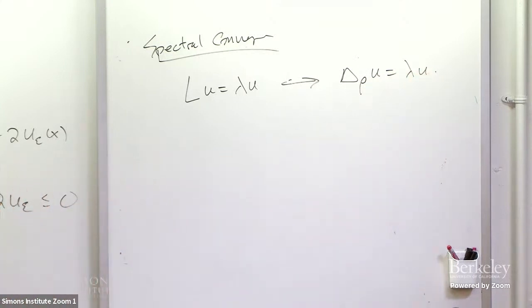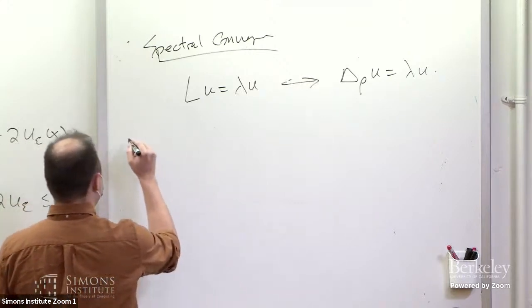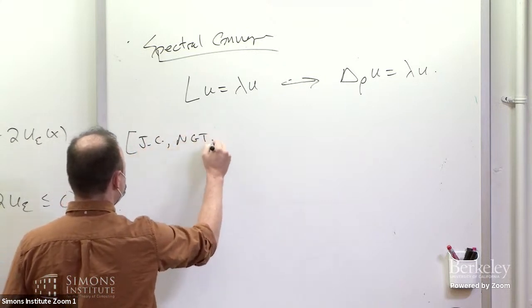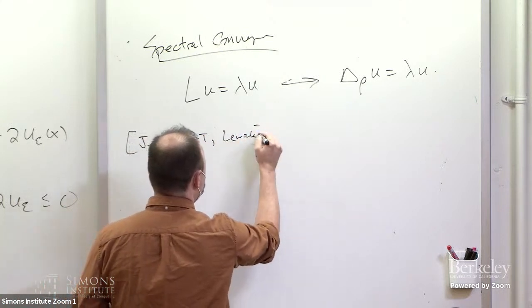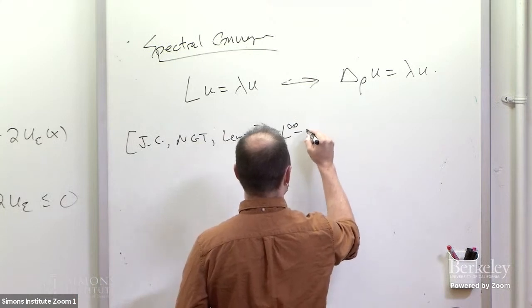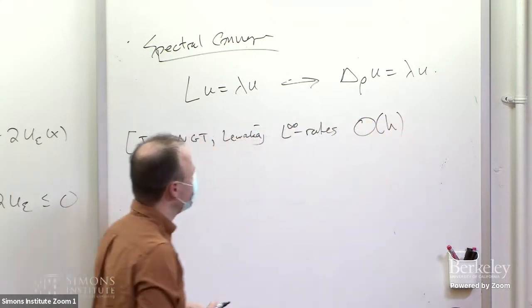There's a lot of papers recently on convergence results in this setting. There's recently a paper by myself and Nicolas Garcia Trillos and Marta Lewicka, where we showed L infinity convergence rates of order h in this setting.